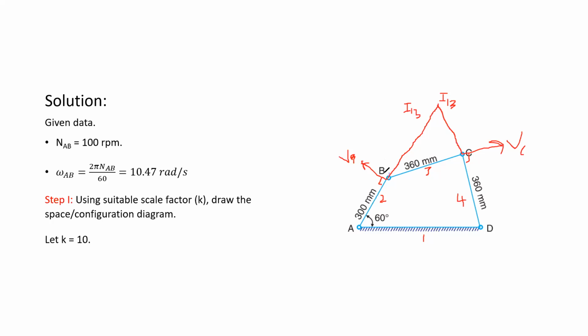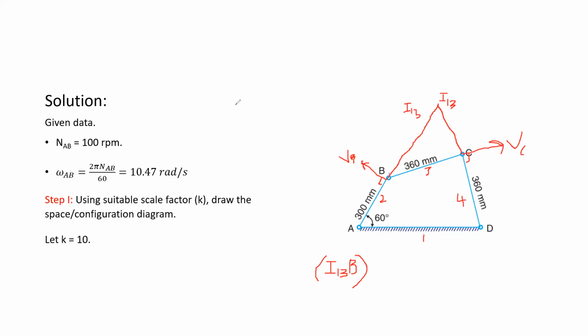So if we consider point B to be on link 3, the corresponding center of rotation will be I13, because we have considered B on link 3. So I13, and the distance between I13 and B will be the radius, I13B, and to that radius this velocity of B will be perpendicular.